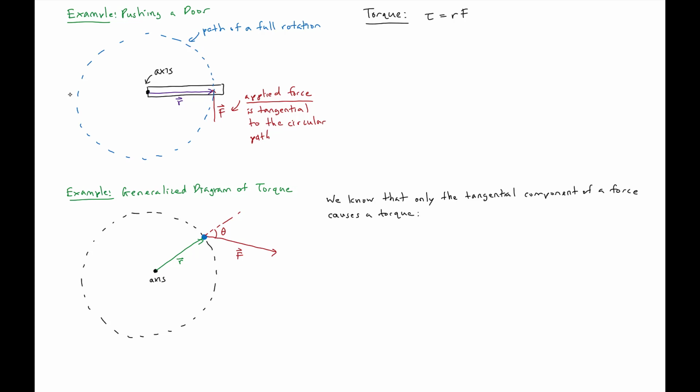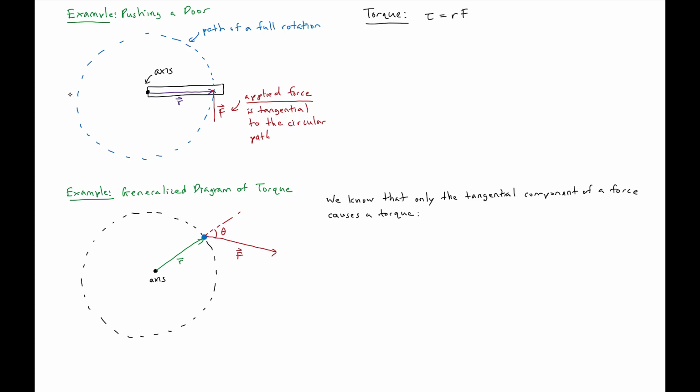So we'll have to approach this in one of two ways. Number one, we can find the tangential component of force, which is the value of force that's perpendicular to r, or we can find the component of r that is perpendicular to the force, and that is called the moment arm. So we'll go through both of these.